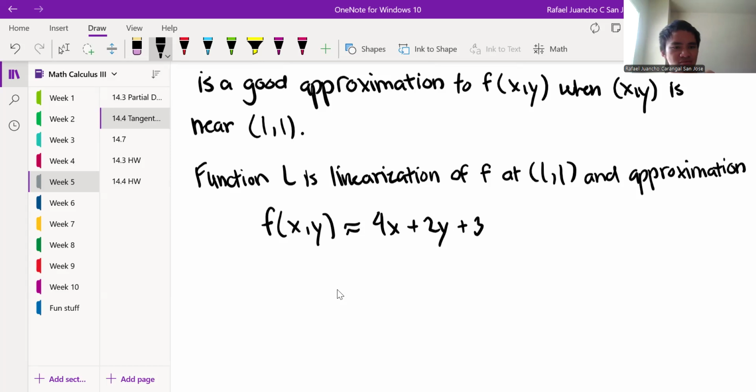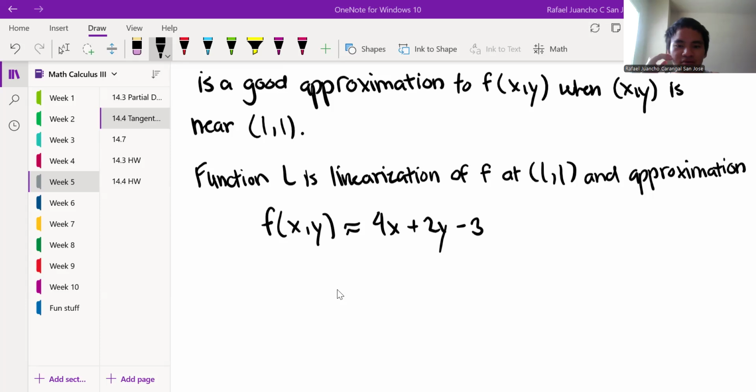My bad, this is minus 3. So this is the linear approximation or tangent plane approximation. They're actually the same thing. We call this the linear approximation or tangent plane approximation.